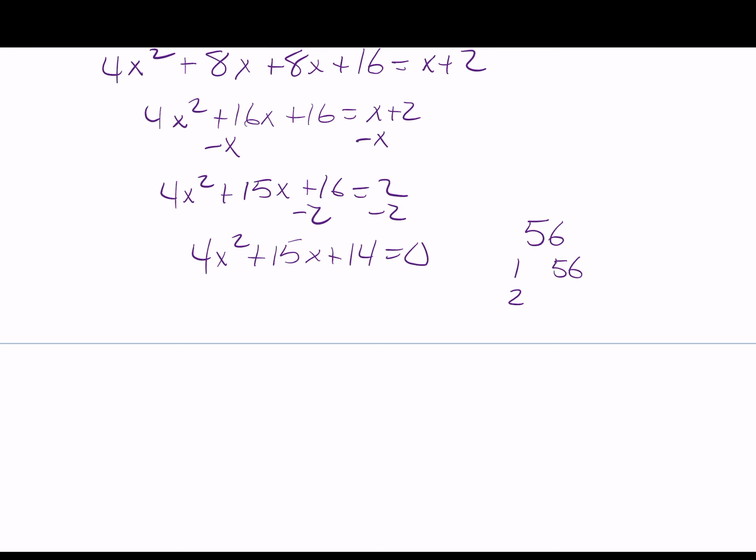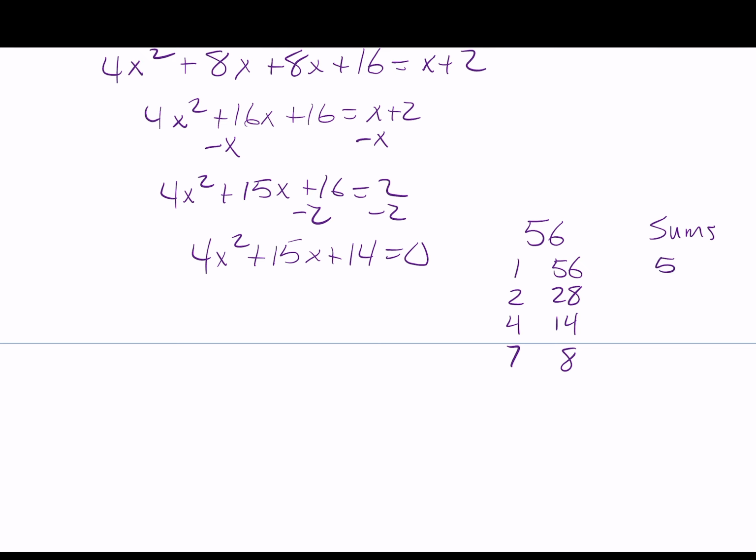What is our other factor there? 28. 3 is not a factor. And 4 and 14. What other factors do we have? 7 and 8.